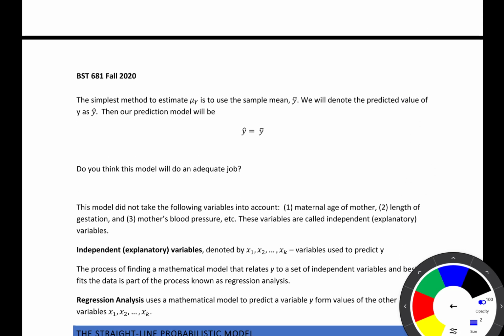The simplest method to estimate mu y would be to use the sample mean y bar. The simplest way would be to say, I'm going to predict my variable based off of the sample mean of that variable. If we do that, notice this is our new prediction model. Anytime you place a hat over top of a variable, this means that it is predicted and no longer random.